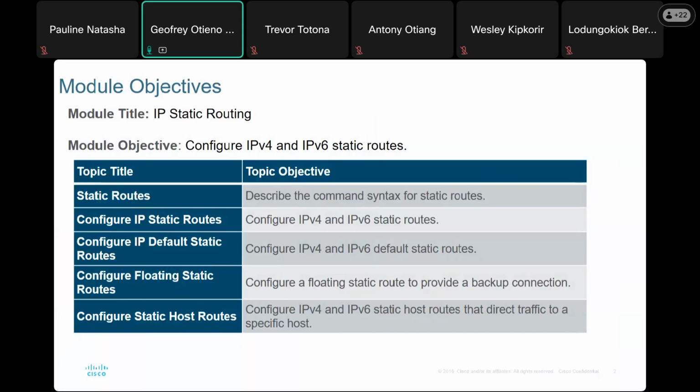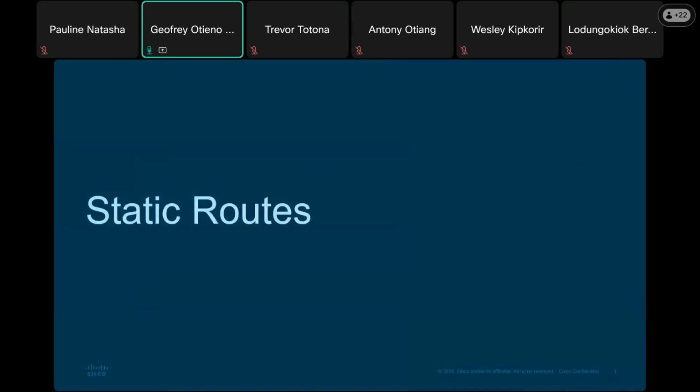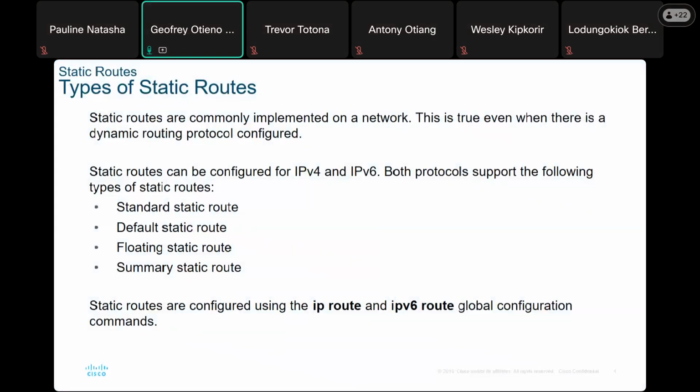So that's basically what we'll be looking at: all about static routing, its configurations and the different types of static routing that we have. As you can see, we have different types of static route that you can configure on a network, whether it's IP version 4 or IP version 6.